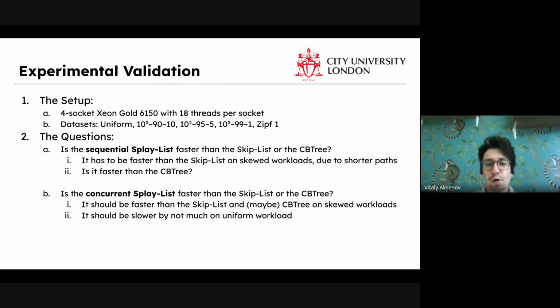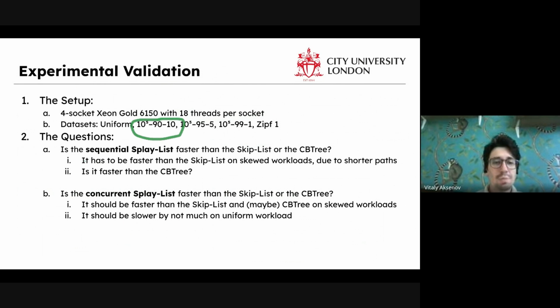We just take more skewed experiments. This one, for example, means that the number of elements is 10 to the power of 5, and 90% of requests are on 10% of elements.